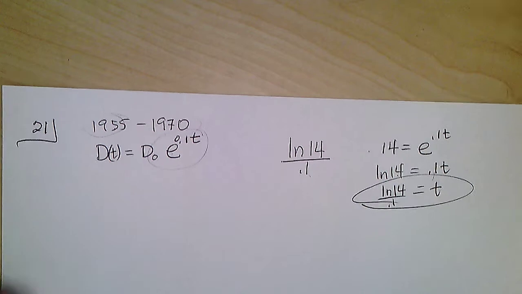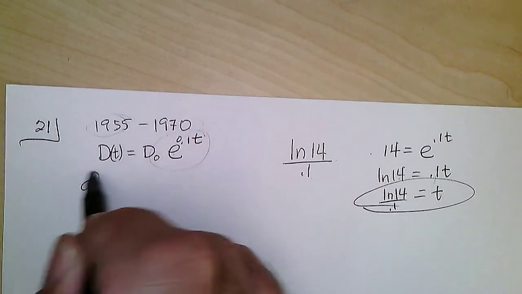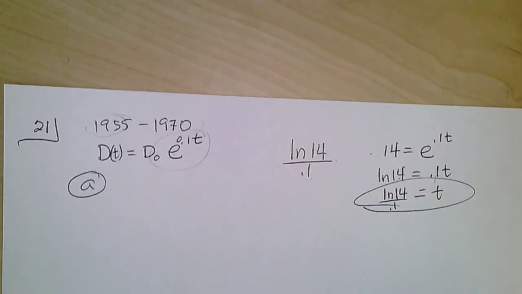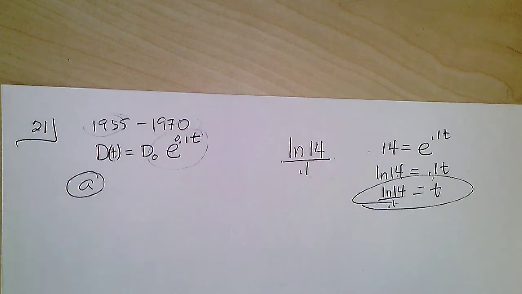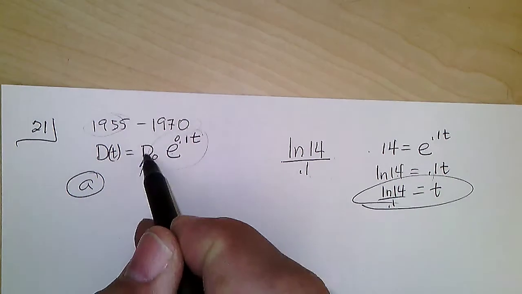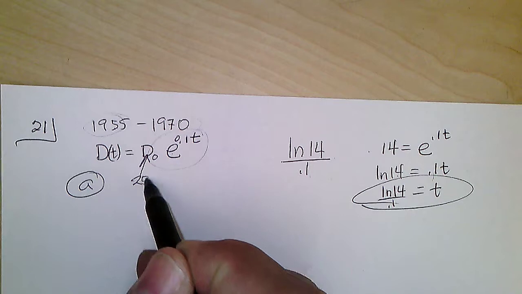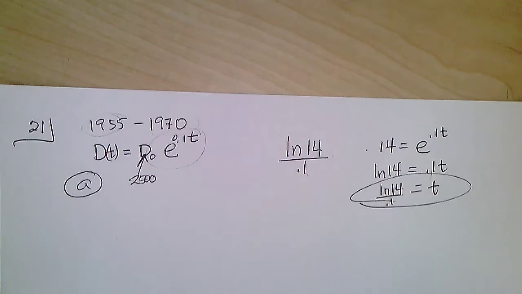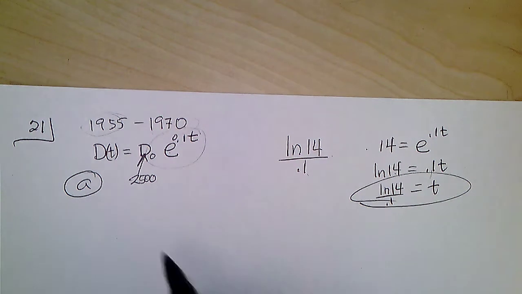Okay, now it's part A. And part B says, if 2,500 degrees were done in 1955, when would there be 10,000?